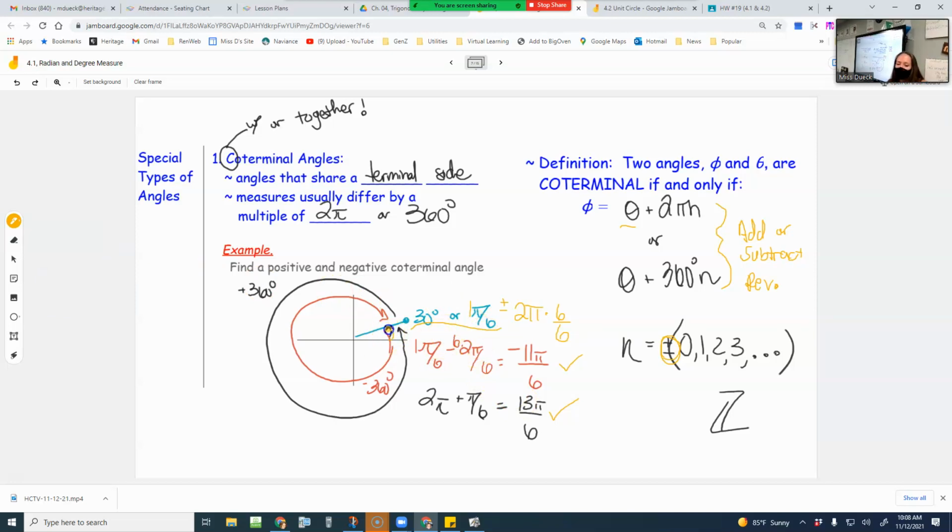But Ryan, if you're already here and you have to keep turning counterclockwise to get that positive angle, another way of landing there is not just turning straight to it, but turning straight to it and going that full other revolution. The only way to turn a full revolution is to add 2 pi in radians.